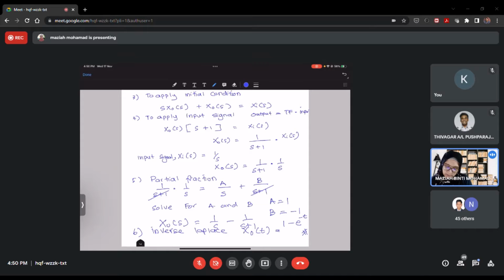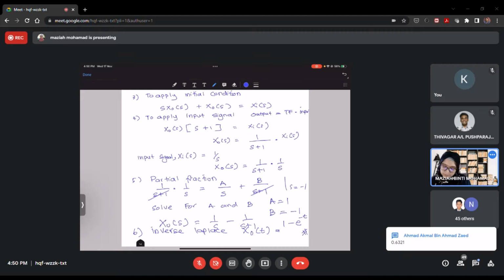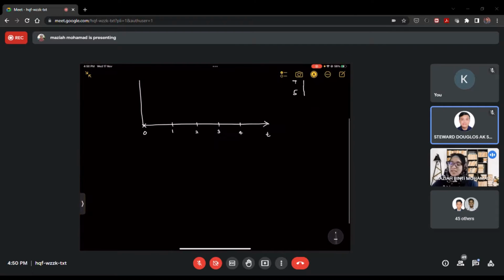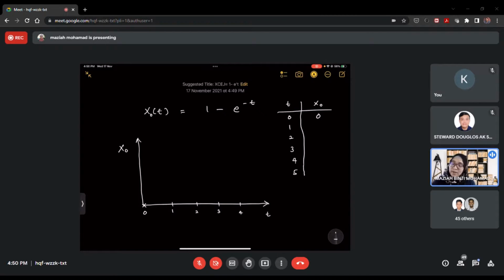S is negative 1. Negative 1, that's right. The answer is 0.6321. So I'm afraid the equation I wrote was wrong, but basically 0.632 is the correct value.